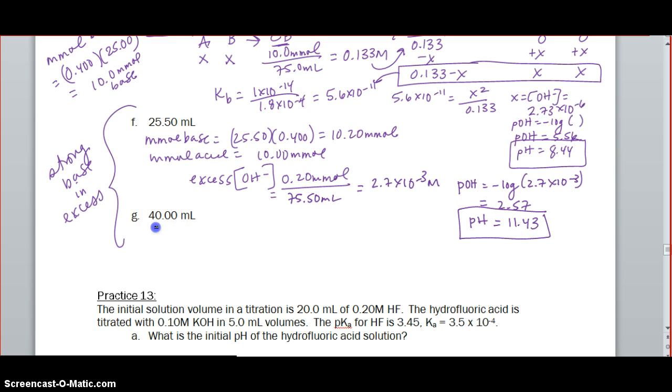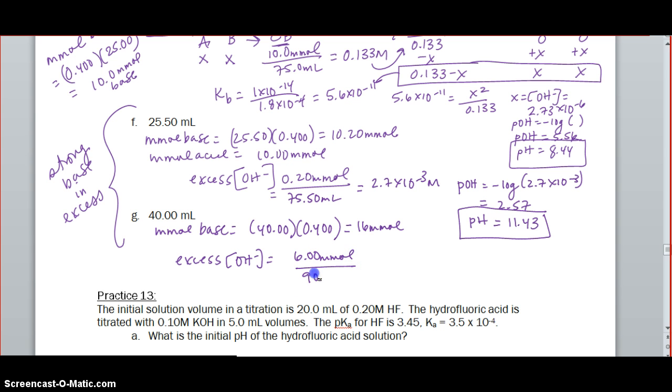Alright, and then the last case, millimoles of base. Now I've added 40 mLs. I'm way past the equivalence point. So I've got 16 millimoles of base. The acid was 10, so the excess OH minus is 6 millimoles.